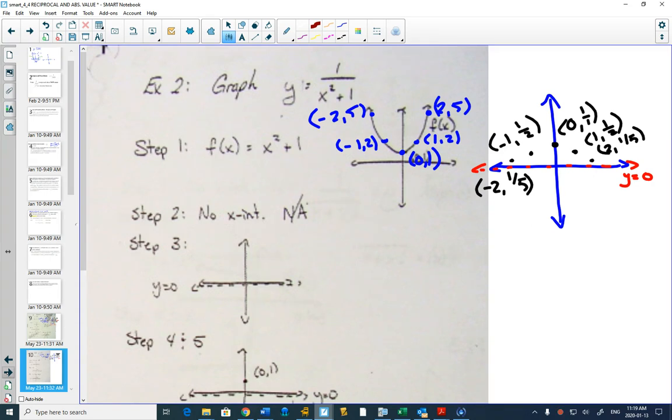Step 3, can you draw your graph towards the asymptotes? Towards the asymptotes? Yes. What did you call this one in grade 11? Speed bump?